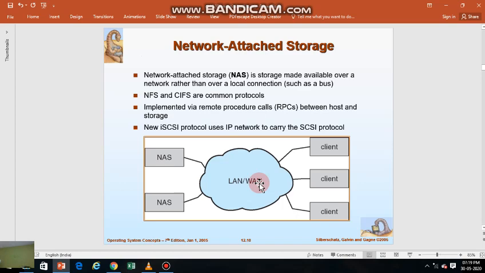And there is a new protocol, the iSCSI protocol, which uses an IP network to carry the SCSI protocol. Next we have the benefits of NAS. A NAS system stores data as files and supports both CIFS and NFS protocols. CIFS is for Windows and NFS is for Unix.